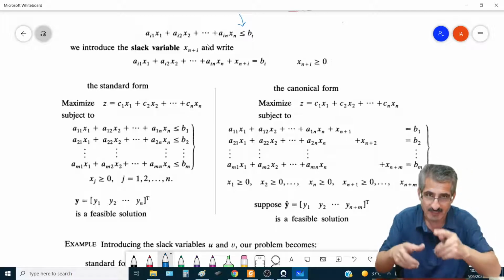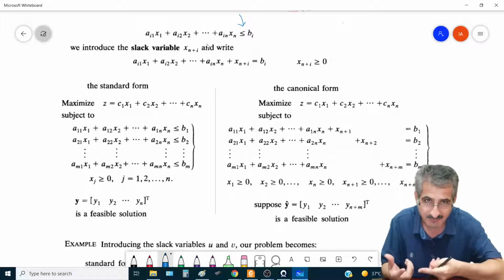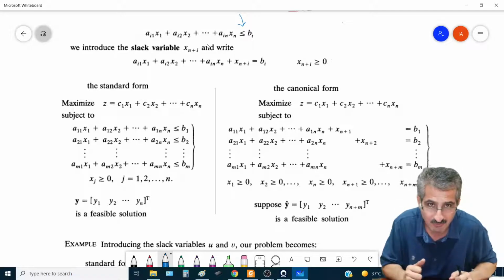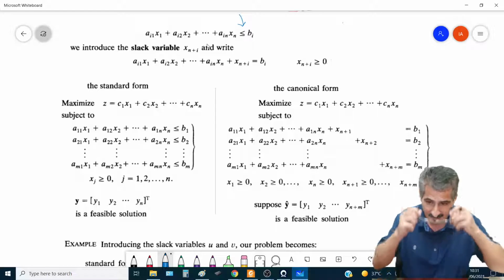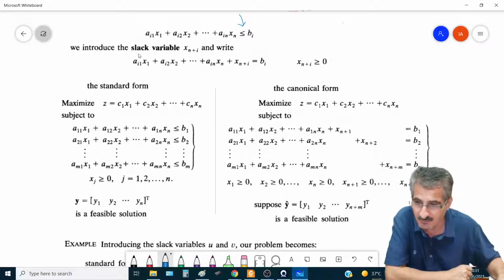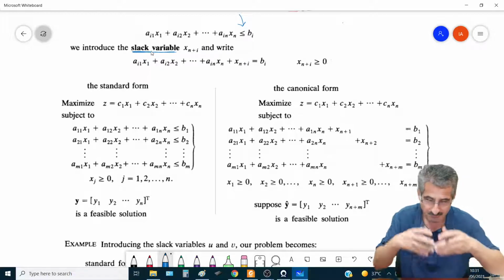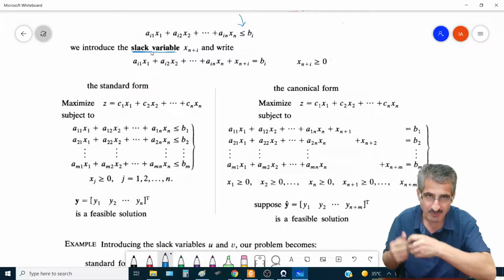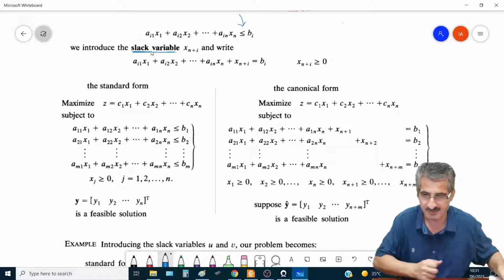So we need to add something positive to the left so that we make them equal, right? That something we add, we will call a slack variable. We put some more weight on the left side to make it equal to the right side.